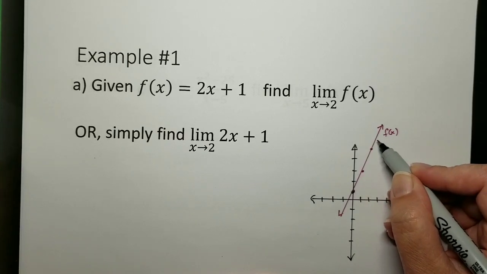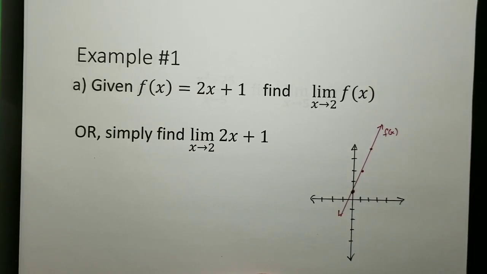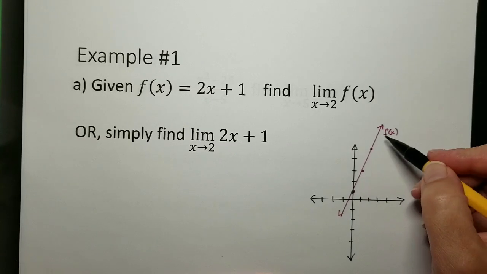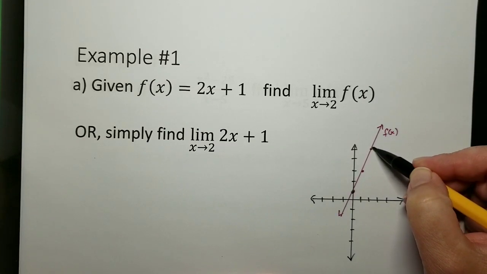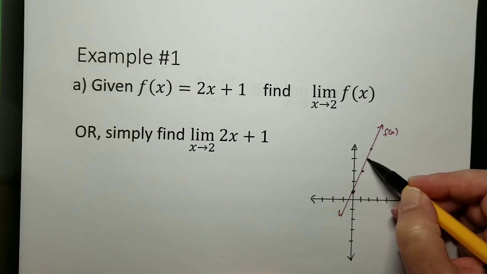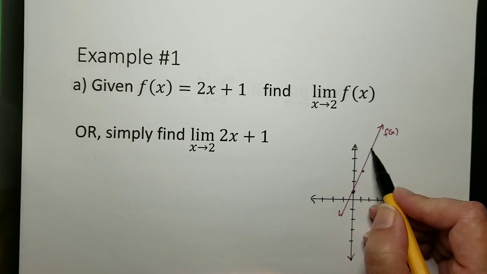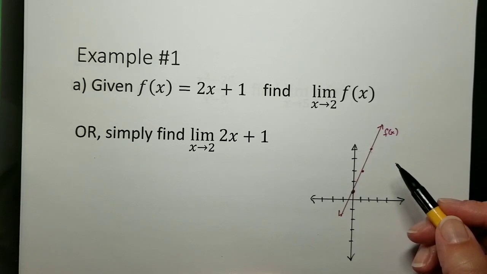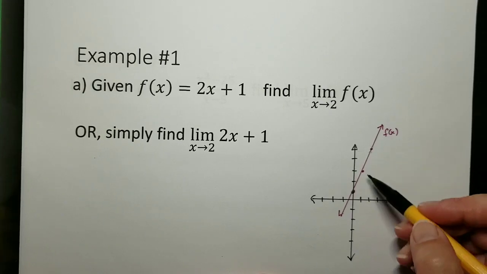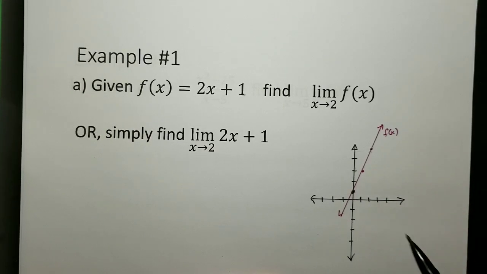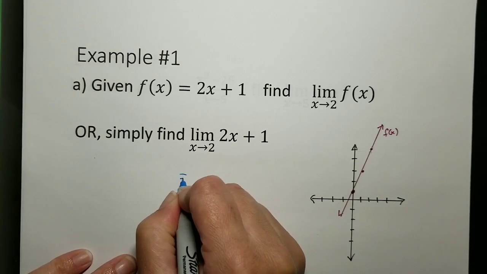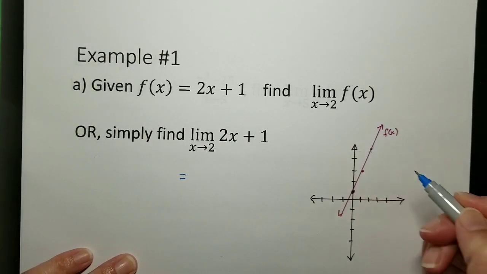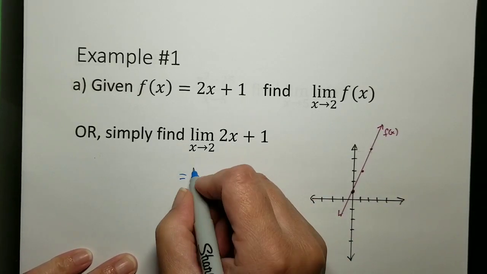As I slide along this graph of this line, as I'm going closer and closer to 2, y is getting closer and closer to 5. It actually ends up equaling 5. But we know that this is a continuous function. So the limit as x gets closer and closer to 2 is just going to be 5.